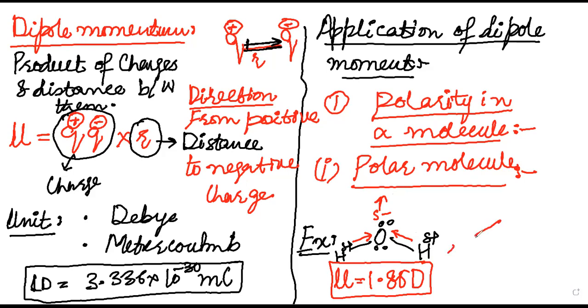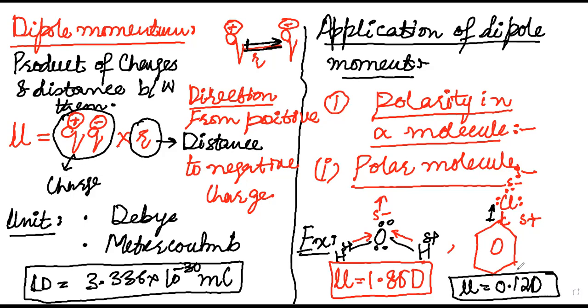Then we'll discuss the second example of polarity, that is chlorobenzene. In chlorobenzene, chlorine has a partial negative charge and carbon has a partial positive charge. The direction of dipole moment is positive to negative, so the resultant vector is known, and its dipole moment value is 0.12 Debye.